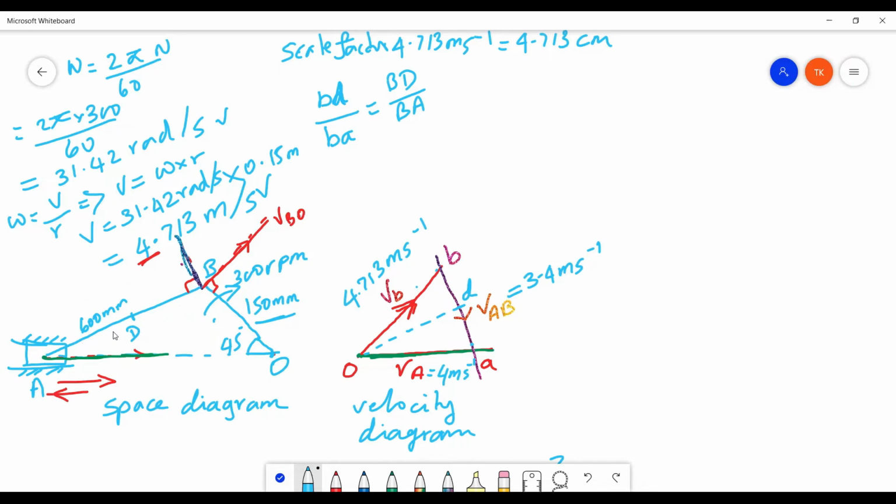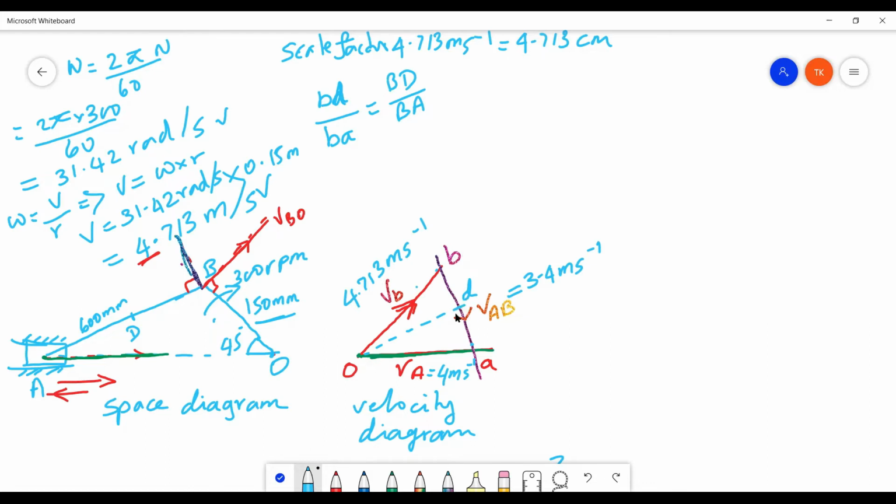Similarly, you divide it in the velocity diagram, so that BD upon BA equals capital BD upon BA. In this ratio, you divide it and mark this midpoint as D.